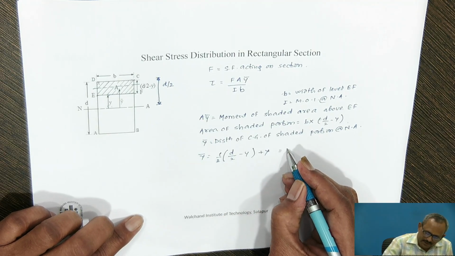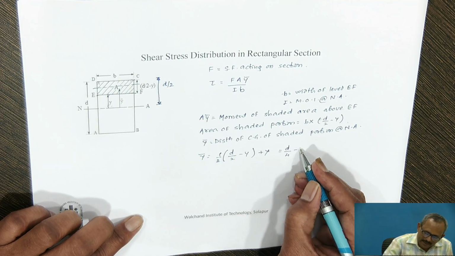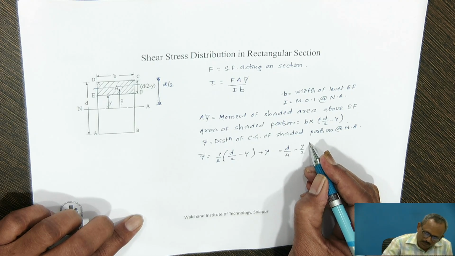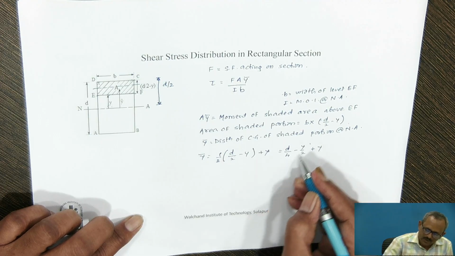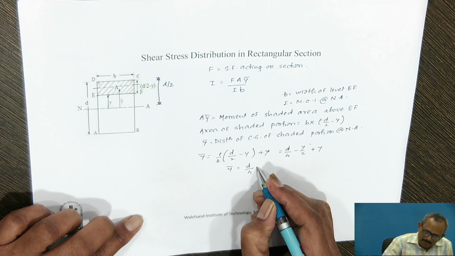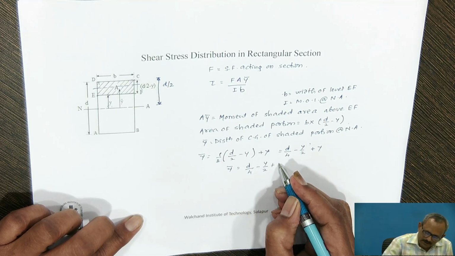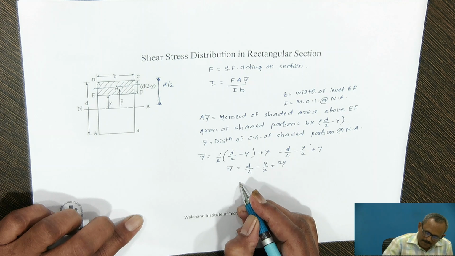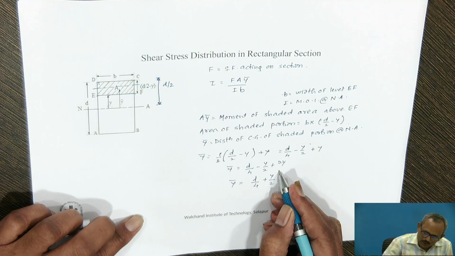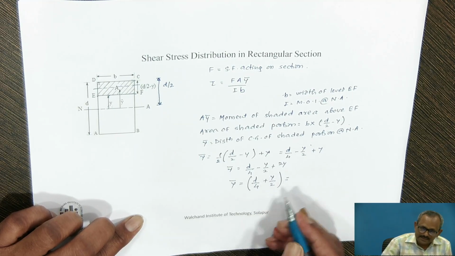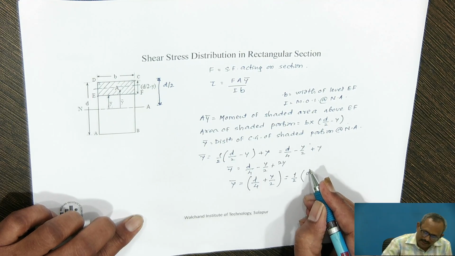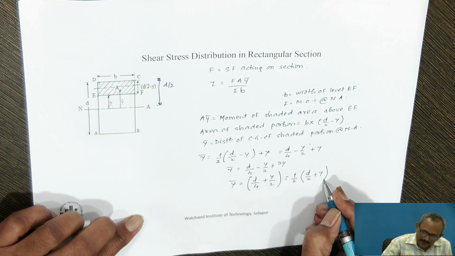By solving this equation, you will get d by 4 minus y by 2 plus y, and hence y bar is equal to d by 4 plus y by 2. Taking 1 by 2 outside the bracket, you will get 1 upon 2 into d by 2 plus y.